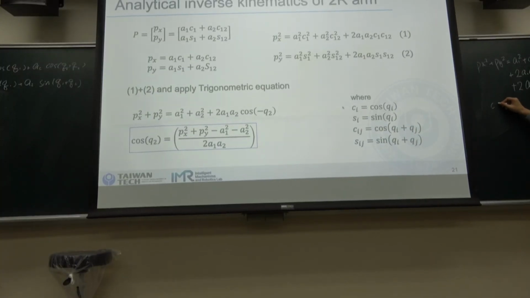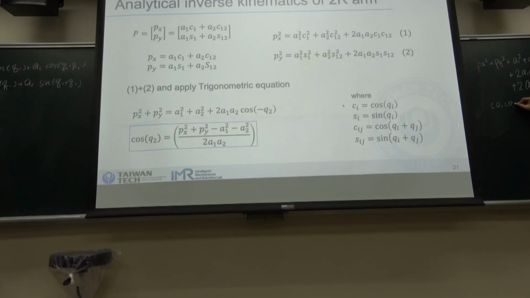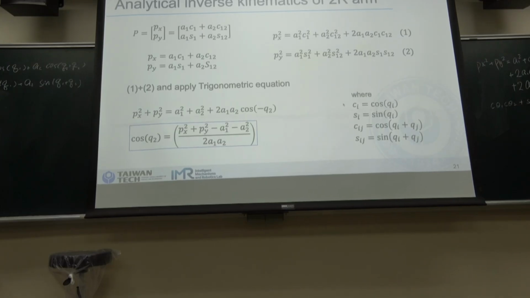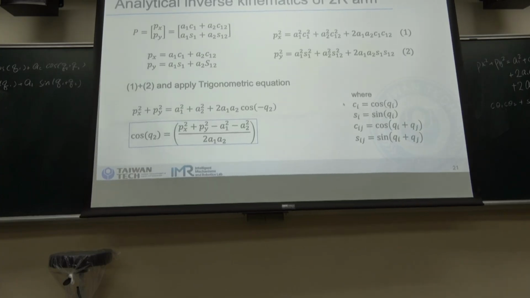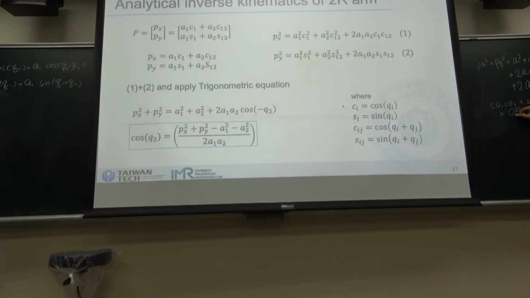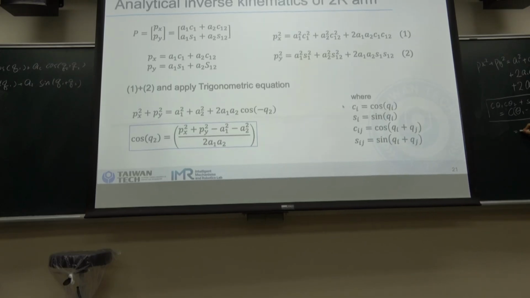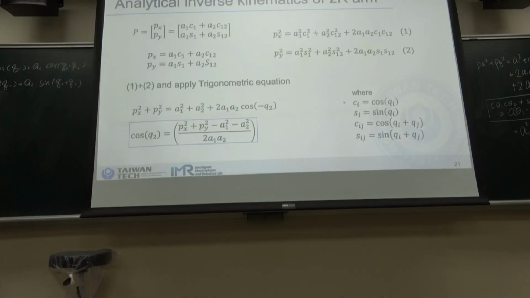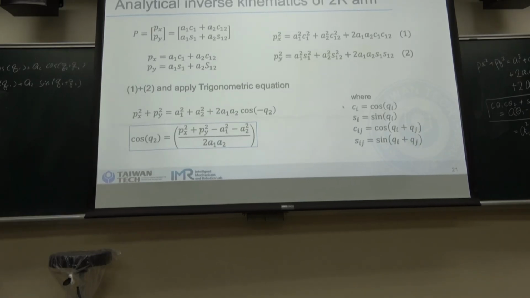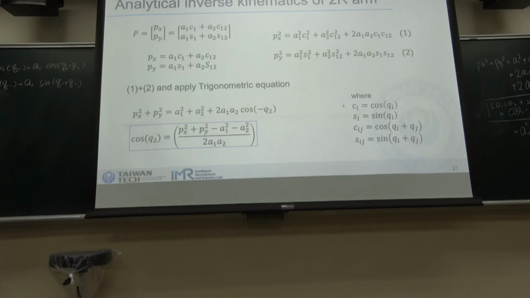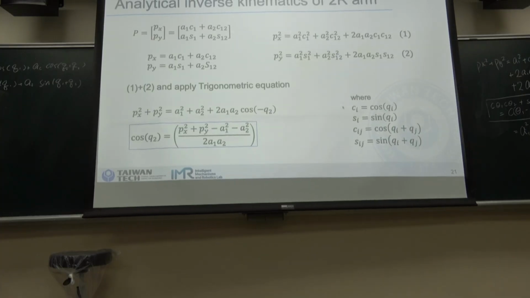So we know that cosine θ1 times cosine θ2 plus sine θ1 sine θ2 is equal to cosine of θ1 minus θ2. So we apply this one to here. So it's equal to a2 squared plus a1 squared plus 2 times a1 a2 times cosine of q1 minus q2.